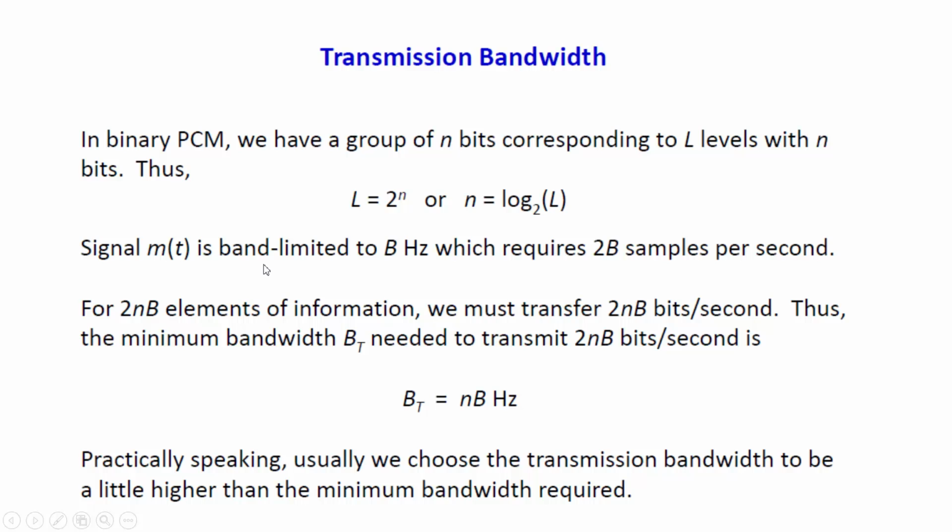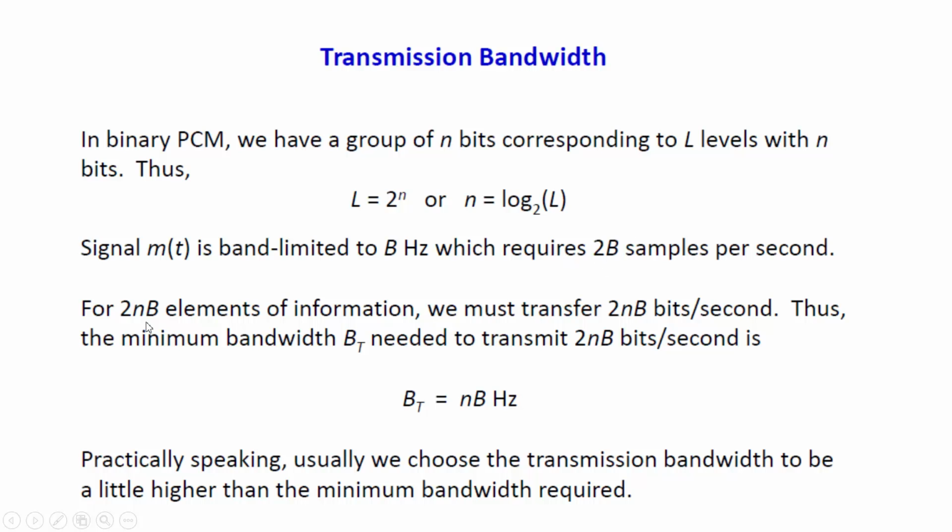Signal m(t) is band limited to B hertz, which requires 2B samples per second. That's what the sampling theorem says. Because 2B samples are there, how many bits will be there?